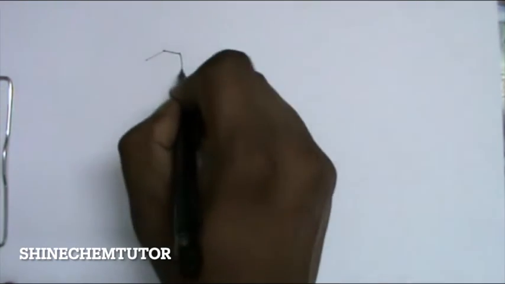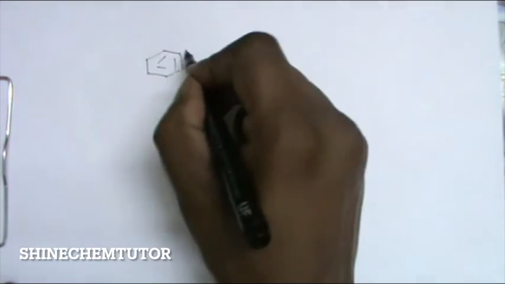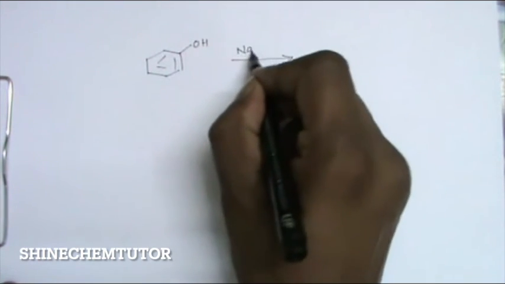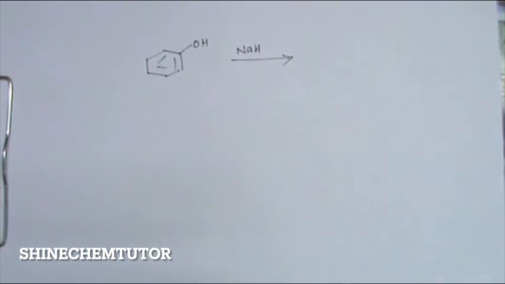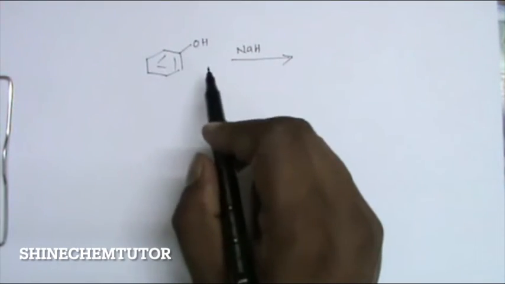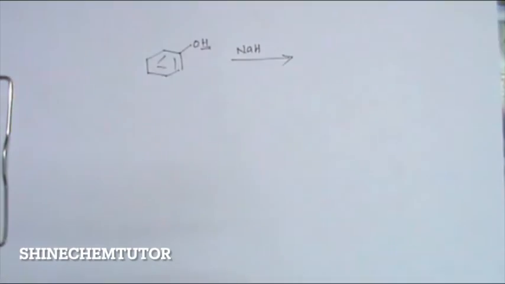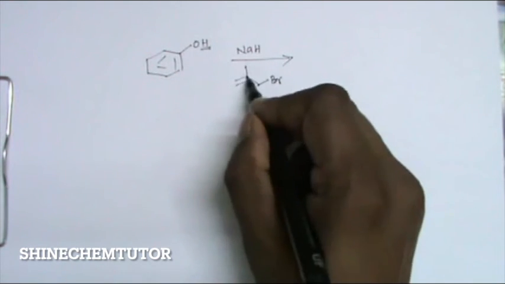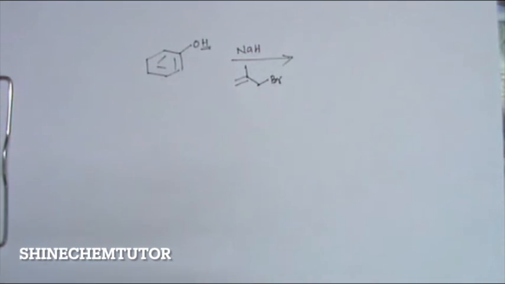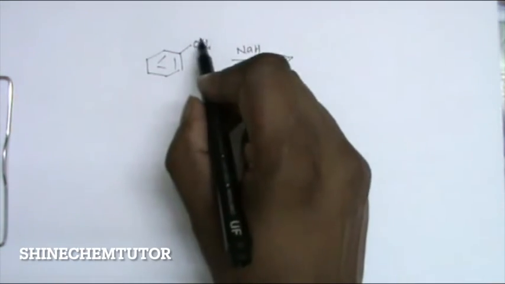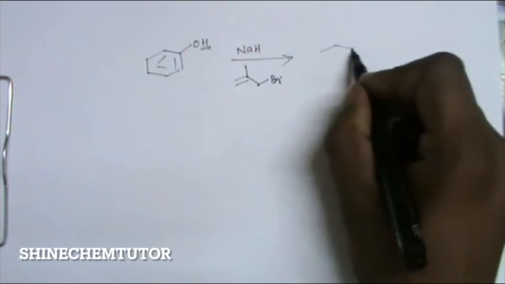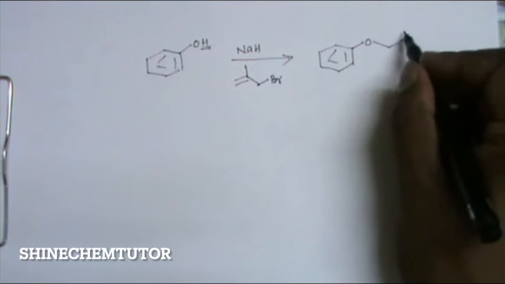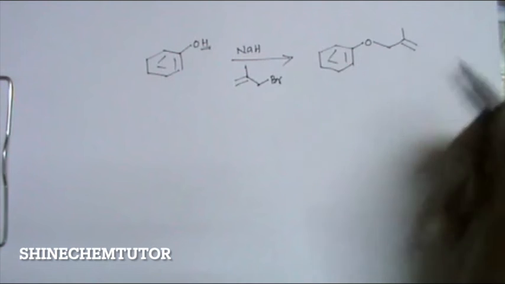Now let us go for a few reactions. Phenol is treated with sodium hydride, a base. It has to abstract the acidic proton. We have the acidic proton here. If I treat with this compound, what will happen? The minus has to displace this. The product will be like this.